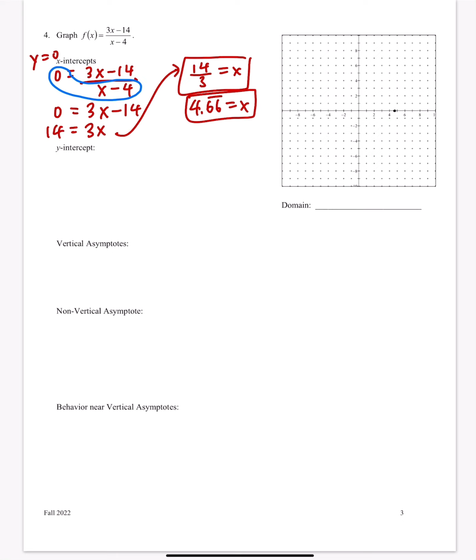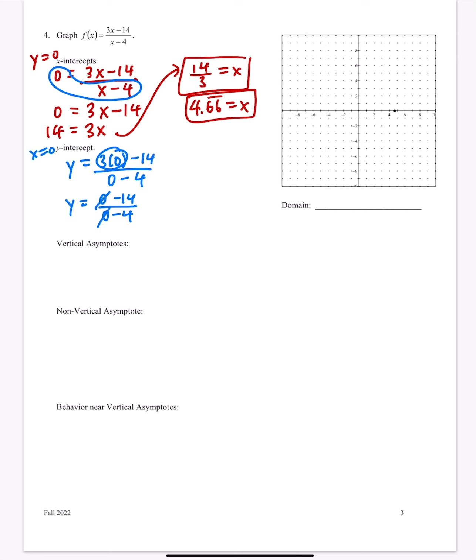The y-intercept is when we set x equal to 0. So we take x and replace it in. This simply becomes 0 minus 14 over 0 minus 4.